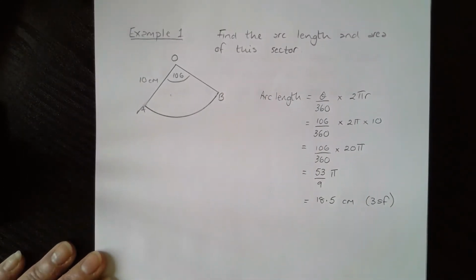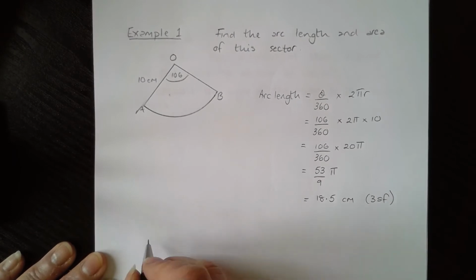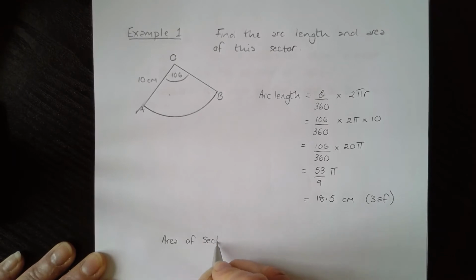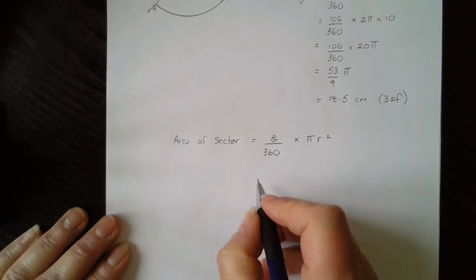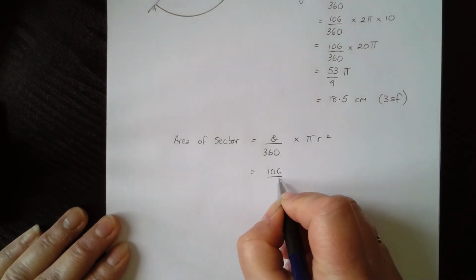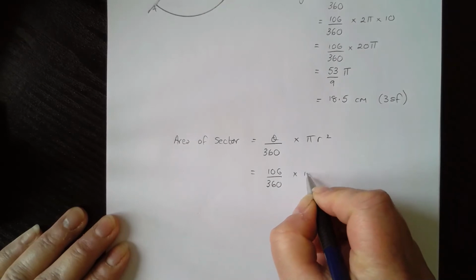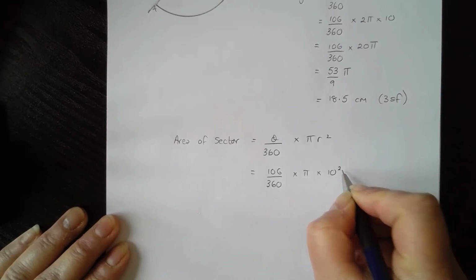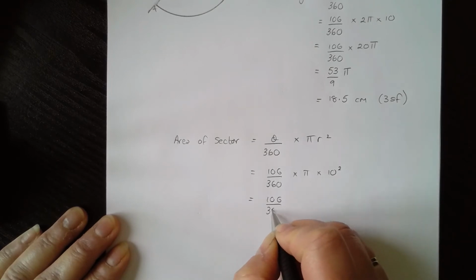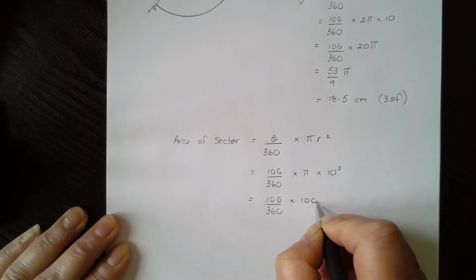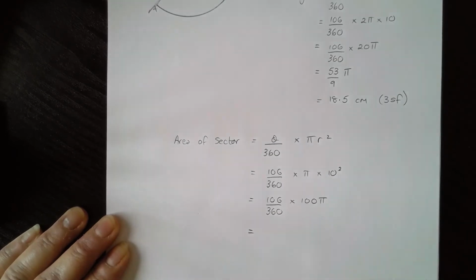Part B then, finding the area of the sector. Same as before, we know we have a formula, let's use it. Area of sector is equal to theta over 360 times by pi r squared. Substituting into it, we have got 106 over 360 times by pi times by 10 squared. So let's do a little bit of simplifying and pop that into our calculators.